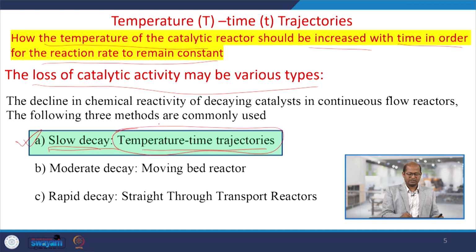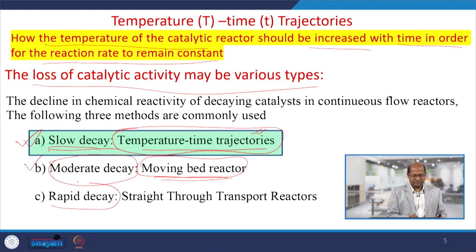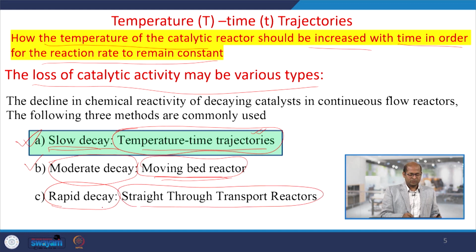What temperature time trajectories are, I will discuss. If moderate decay is there, we do not have to use these temperature trajectories; then we can use moving bed reactors. If the catalyst deactivates very rapidly, meaning coke deposition and sintering are very fast, then we have to use straight through transport reactors. So this is for rapid deactivation, moderate deactivation, and slow decay.